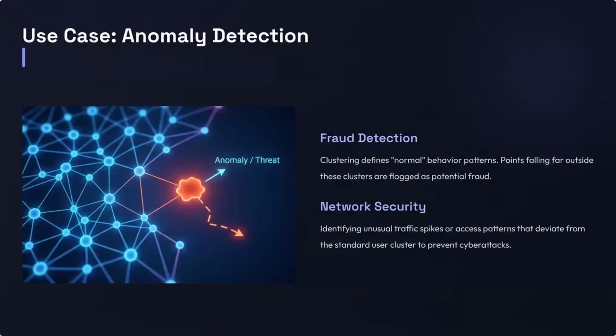Anomaly detection means fraud detection also. So I want to find out which are the anomaly transactions or anomaly customers. I need to use clustering to see the normal behavior, maybe one group, and the abnormal behavior will be some other group, so that I can flag that.